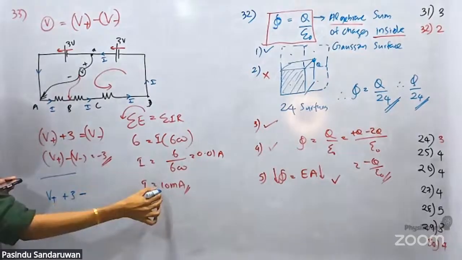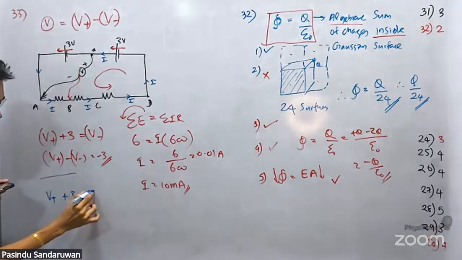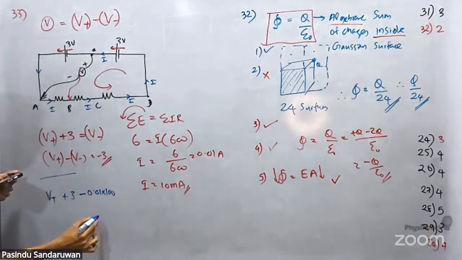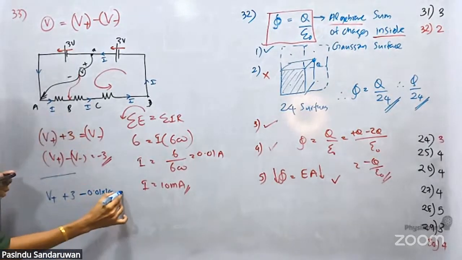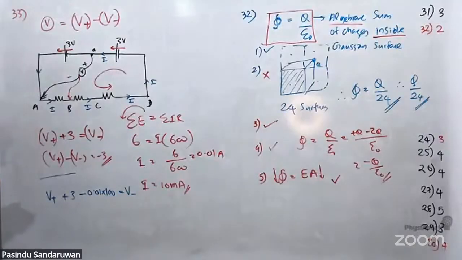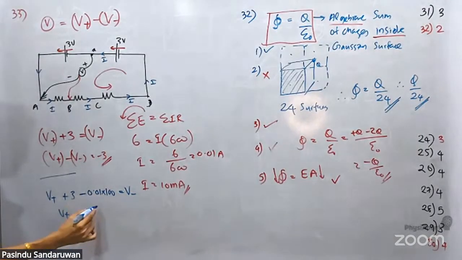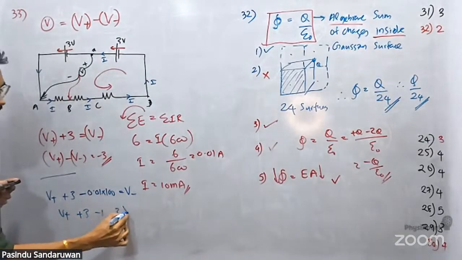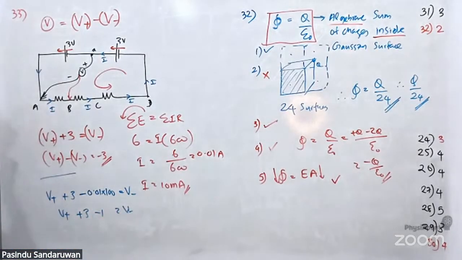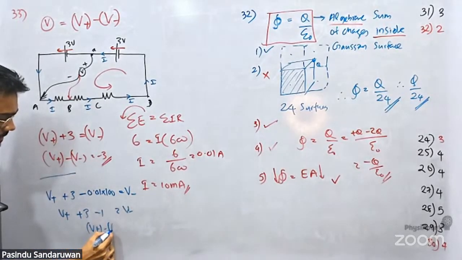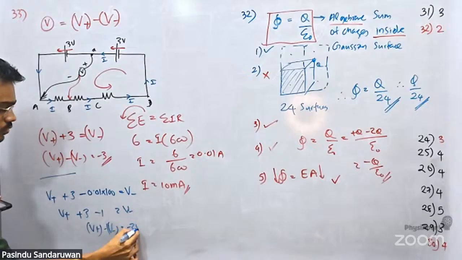Minus I, which is 0.01, times R, which is 100. And now we add B. B can be V minus. Simplifying, V plus 3 minus 1 equals V minus. And the difference between V plus and V minus is minus 2.